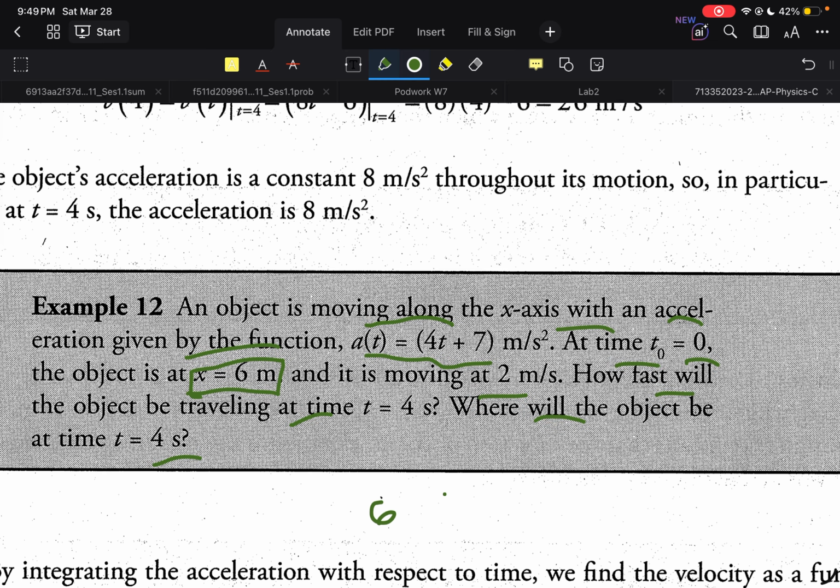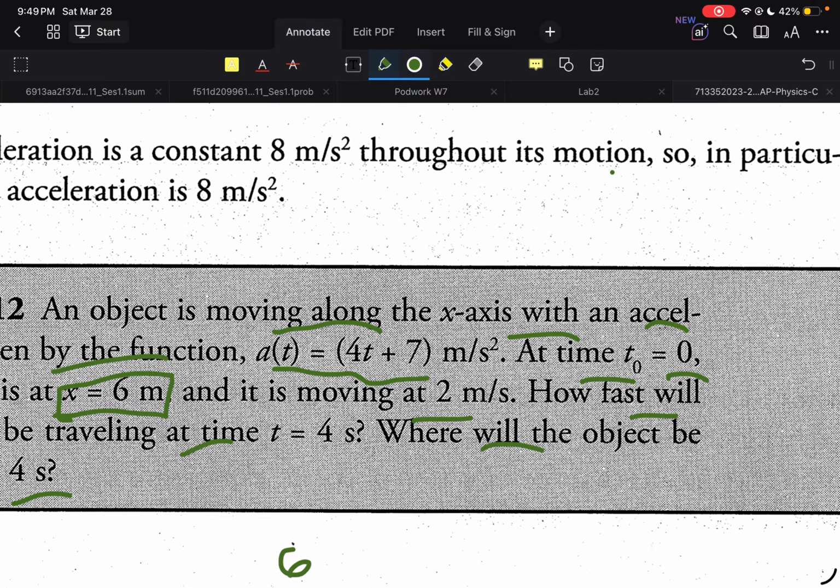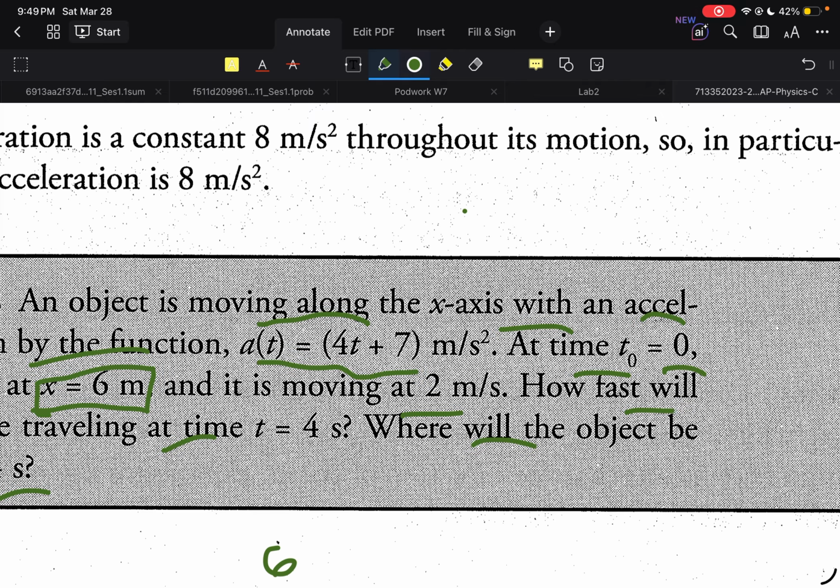Given a is 6 and moving at 2 meters per second, you can take the integral and find that 2t squared plus 7t is equal to v of t, the velocity at time t.